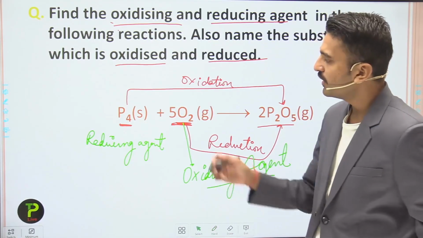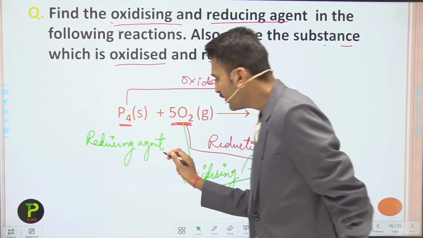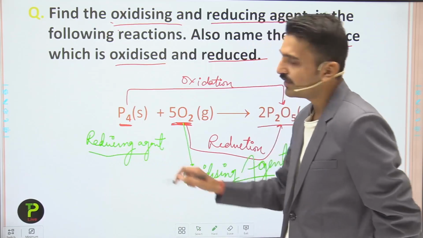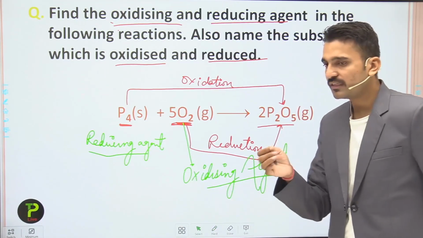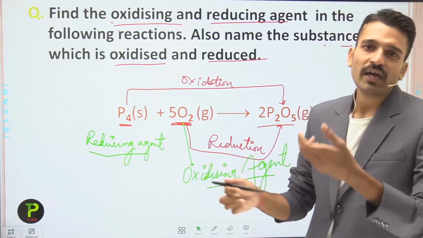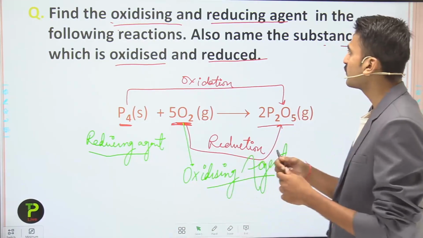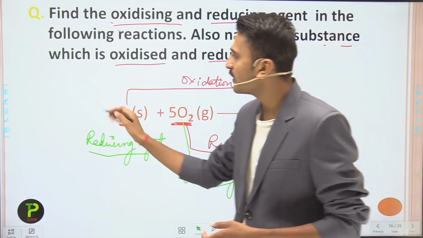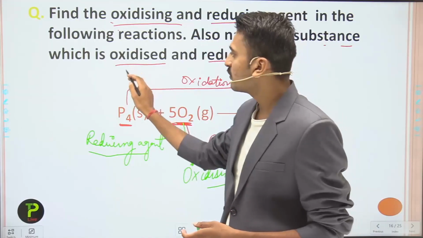So here you have found out the reducing agent, you have found out the oxidizing agent. Also you have seen which substance has undergone oxidation and which has undergone reduction. What was the other part? Name the substance which is oxidized and reduced. So what is oxidized?